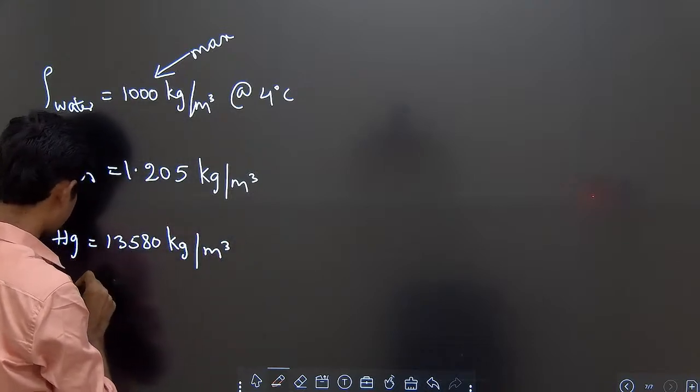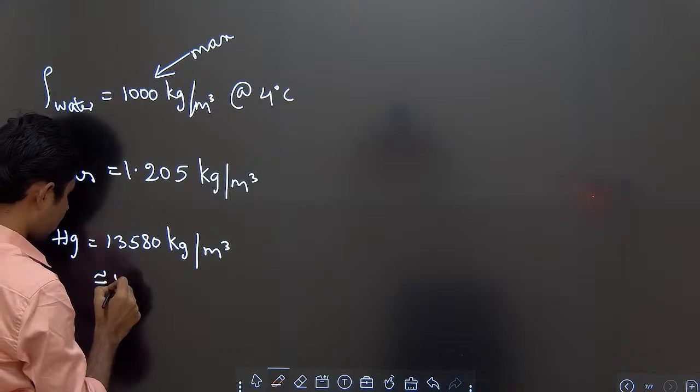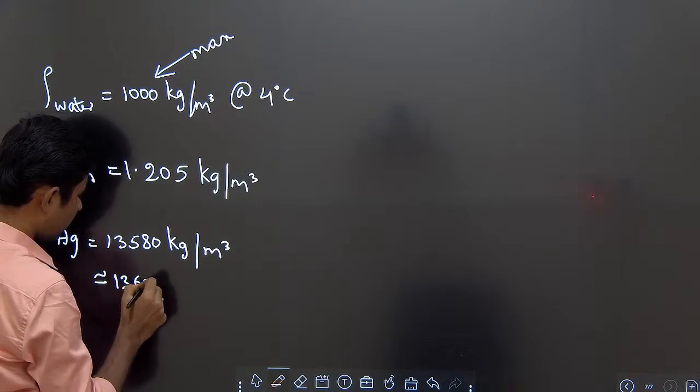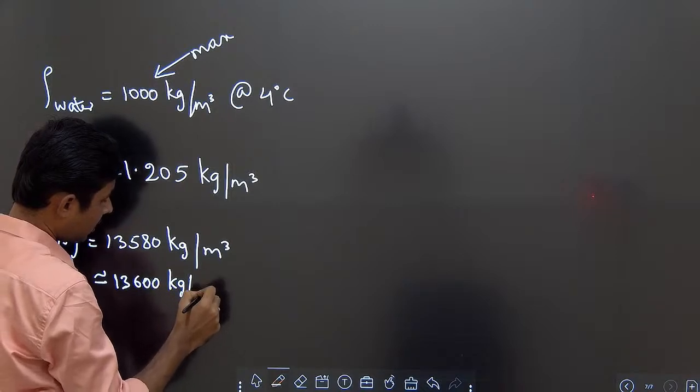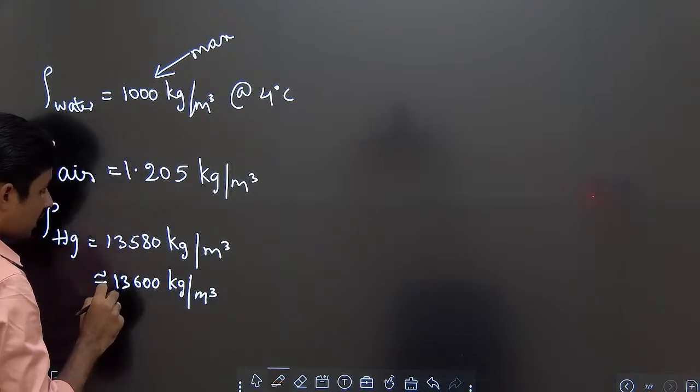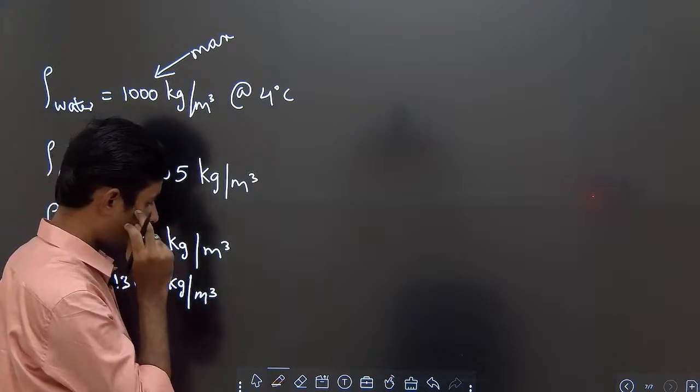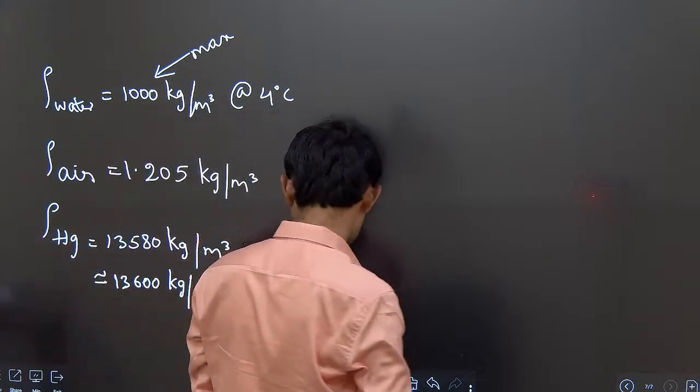Approximately we can write 13,600. To make calculations easy, we use the density of mercury as 13,600 kg per meter cube.